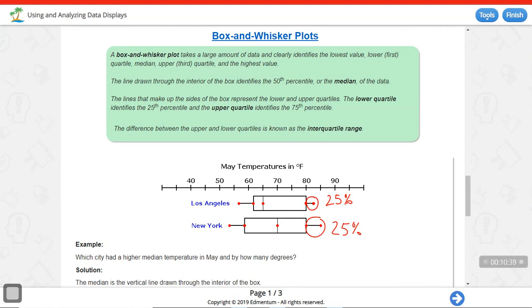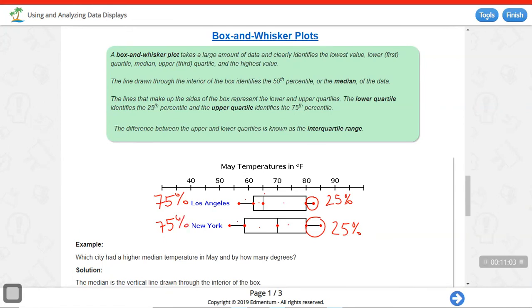If I asked what percent of the temperatures in Los Angeles were less than 80? Well, if I go less than 80, that's 1, 2, 3/4 of the data. So that would be 75% was less than 80. Same thing in New York. Same question. What percent of the temperatures were less than 80? Well, if I look, it's 1, 2, 3 sections again, so another 75%.